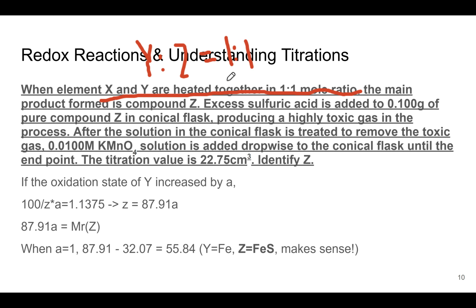Because 100 over Z is the number of millimoles of Z present in the conical flask, we know that 100 over Z is also the amount of Y ions present, and multiplied by A because the oxidation state of each of these ions gets increased by A, that will equal 1.1375.